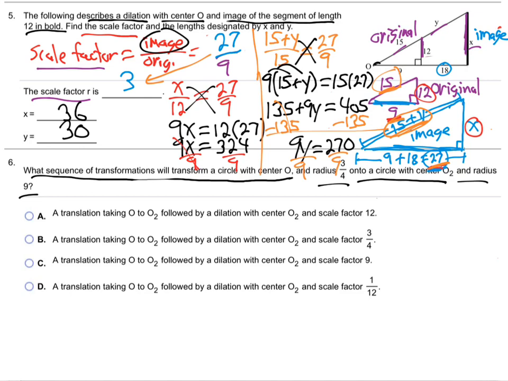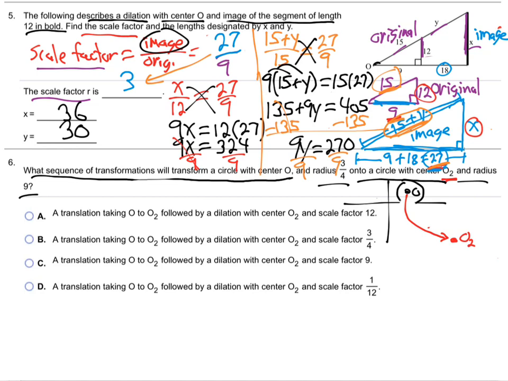They're saying they've got some kind of circle. Maybe if you have a coordinate, you have some kind of circle. The center is O, and it's been moved to a new center. So I don't know, they moved it to some kind of new center O2. So they grabbed the center and they moved it.